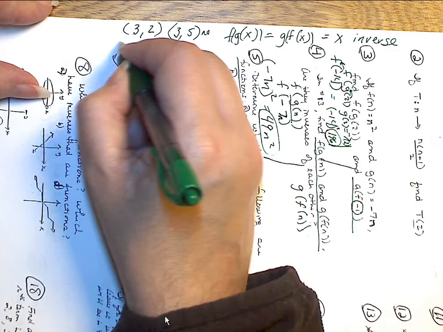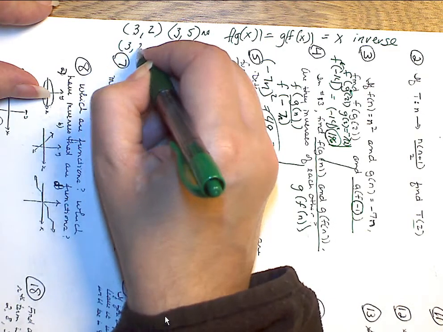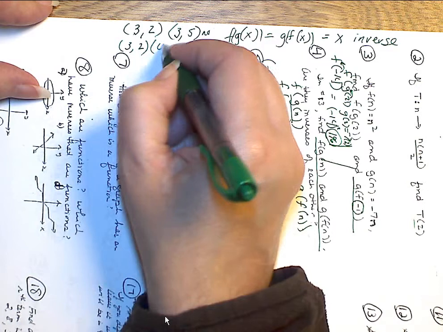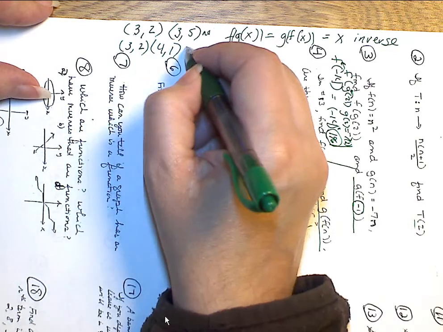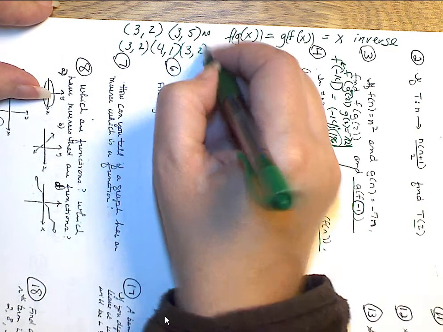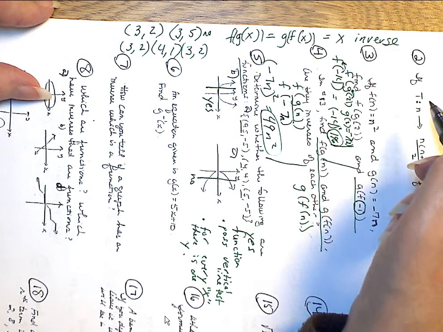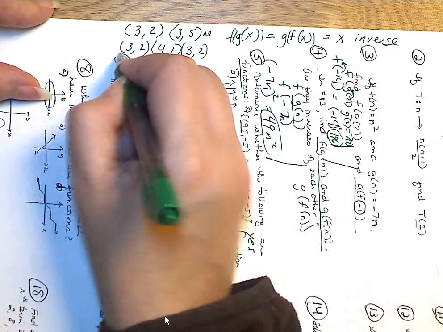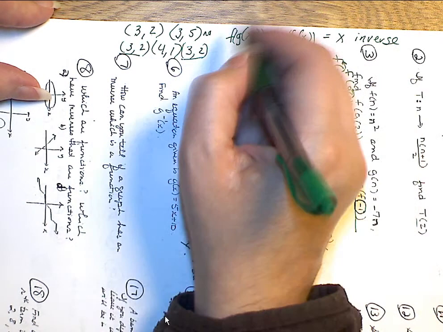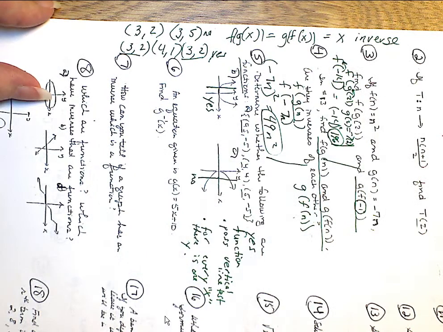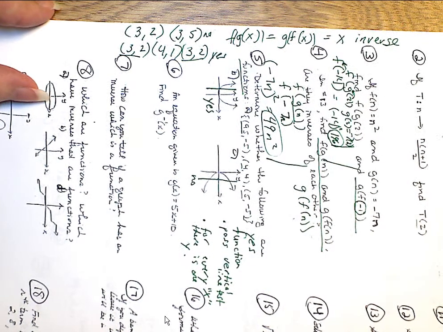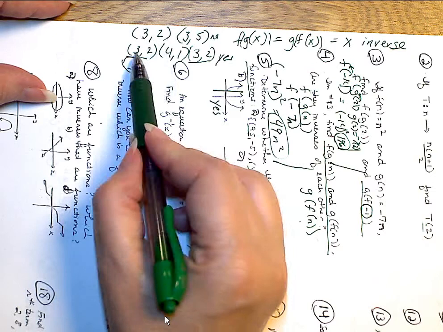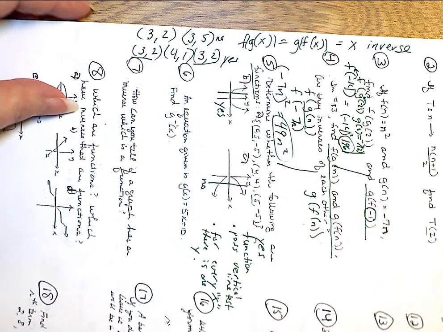If I said (3, 2), (4, 1), and then I did (3, 2) again. Is that a function? Yes, because this and this is the same point. For every x, there is 1 y. You can plot the points always to find that out.